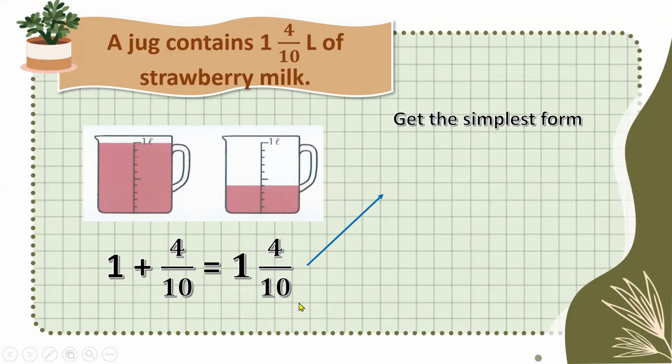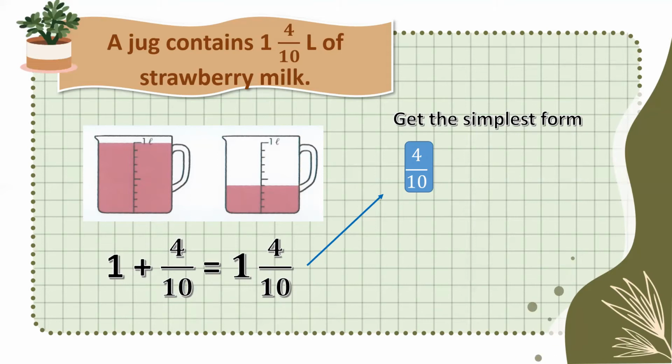Or we can think of a number that we can divide from both 4 and 10. What number can we divide from both 4 and 10? Or what is the common factor of 4 and 10?